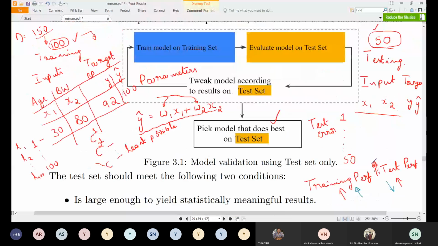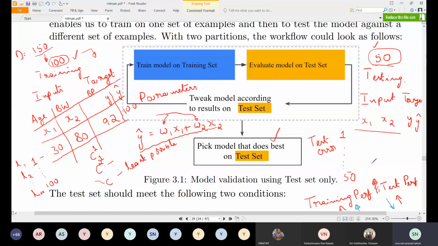Normally this ratio will be like this when there are only two phases of learning, training and testing. Normally for training purpose we use say 70 to 80% of the data. Sometimes it may go up to 75%.